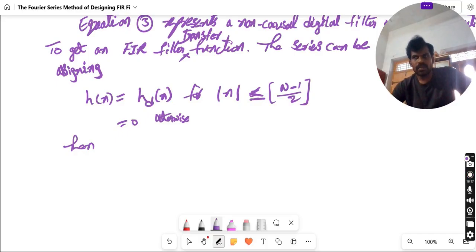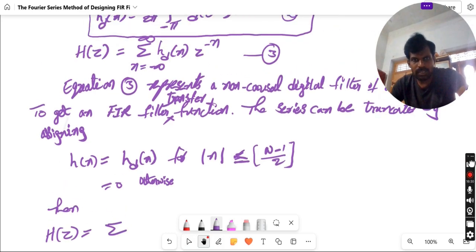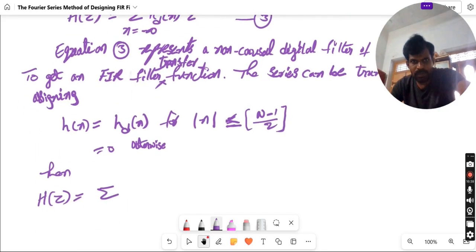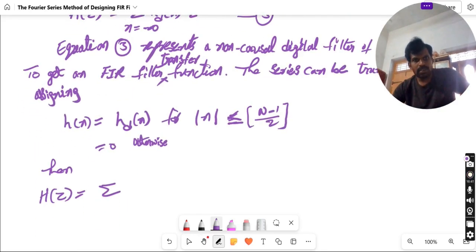Already we have mentioned that to get an FIR filter transfer function, capital H of z is equal to the summation. Now here, initially in equation 3 the small n range was minus infinity to infinity, but to get an FIR filter we are going to truncate the series.